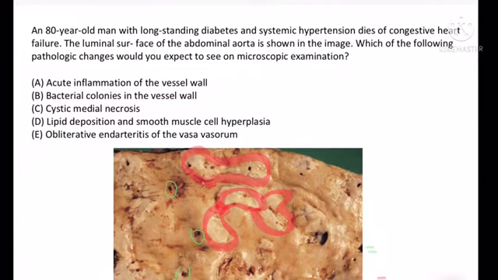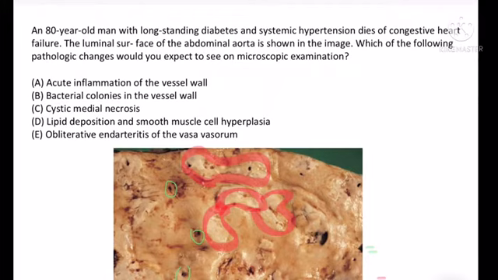So let's see option E, obliterative endarteritis of the vasa vasorum. This obliterative endarteritis, normally we can see in patients suffering from syphilis. If a patient has syphilis, then there is an infiltration of lymphocytes around the vasa vasorum, and there are marked inflammatory areas you can see, and that can also lead to aortic aneurysm, syphilitic aneurysm, or aortic dissection.